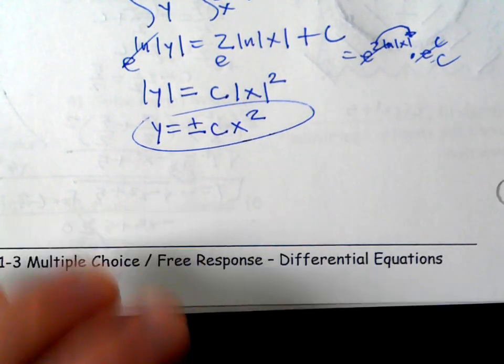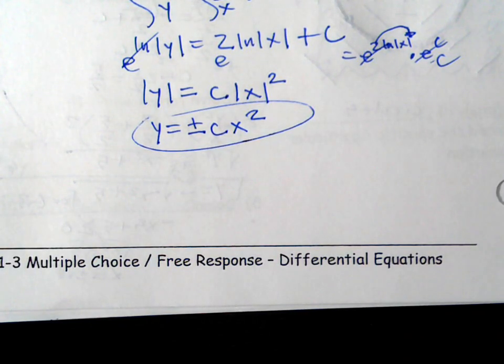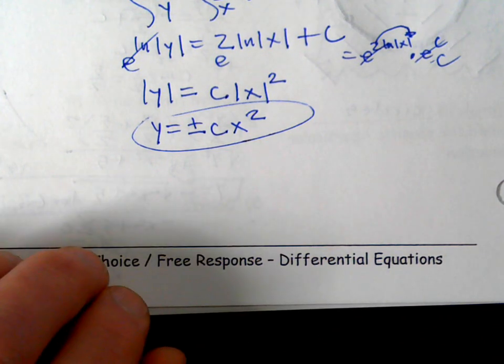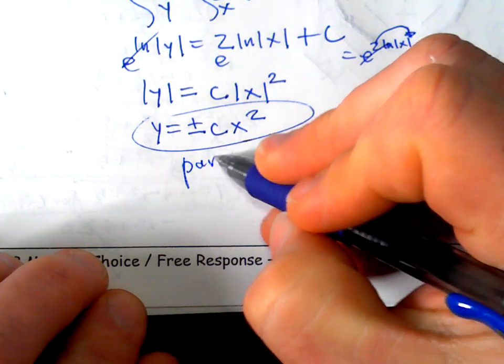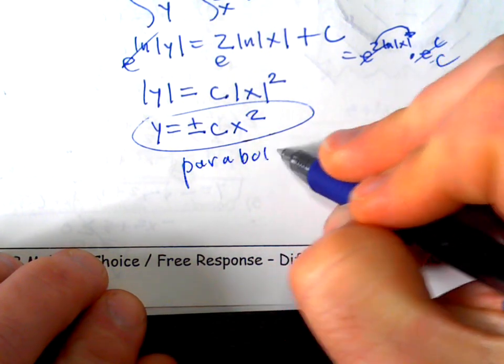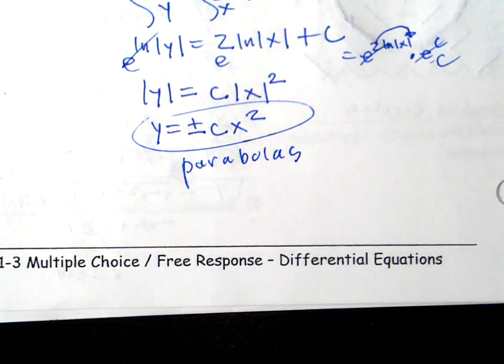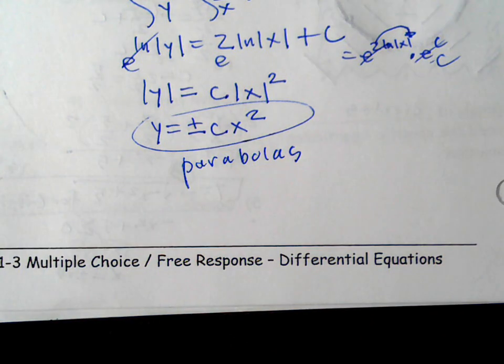I'm not going to do the domain for it because it depends on the initial condition. The family of curves where this is always true are parabolas. Anyways, just kind of an interesting problem.